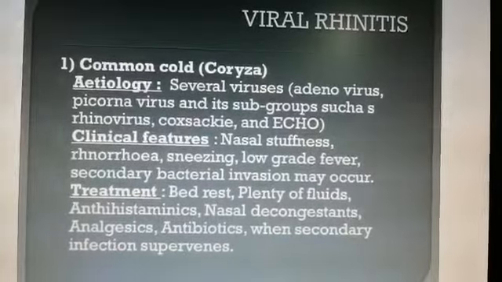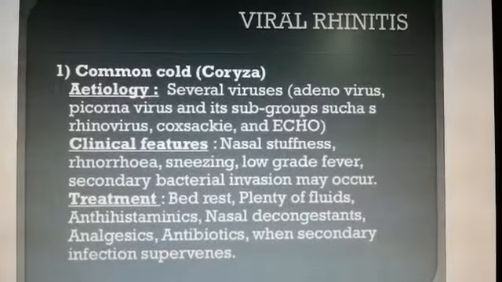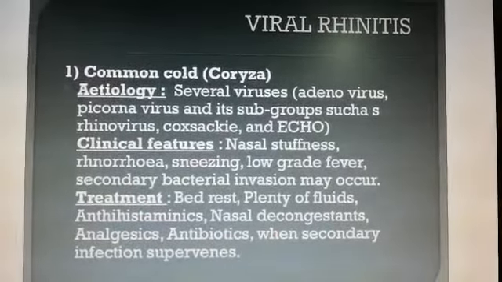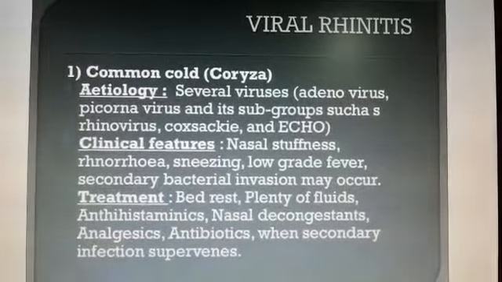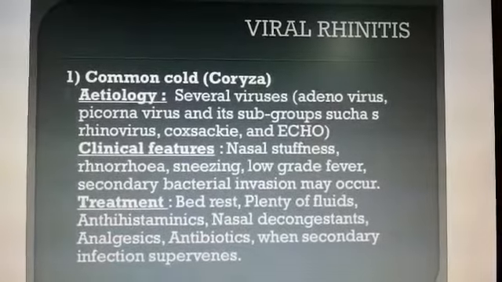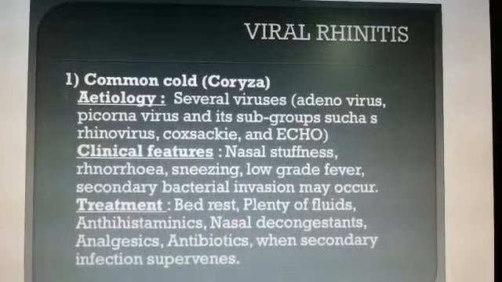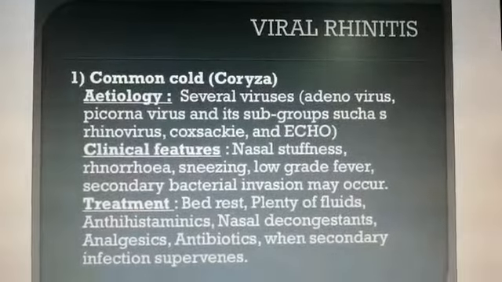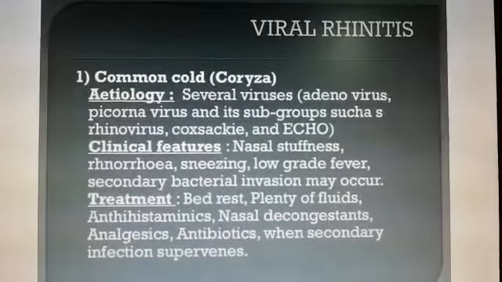But there comes a role of antibacterial whenever you suspect that there is a secondary infection. And secondary invaders were, as you all know, you can recall, Streptococcus, Pneumococcus, Staphylococcus, Haemophilus, Klebsiella, Moraxella, etc. So there is a long list. I hope you all remember this.